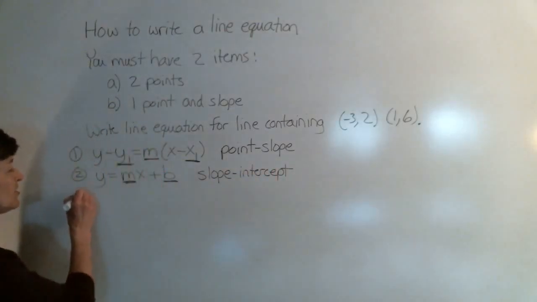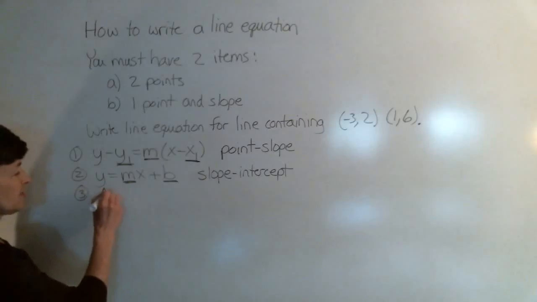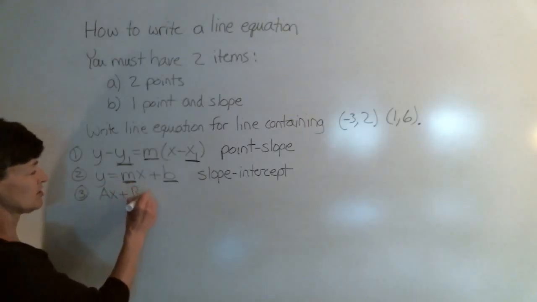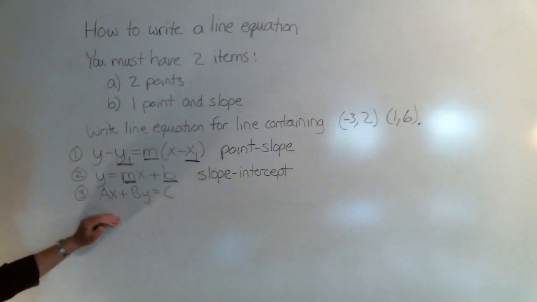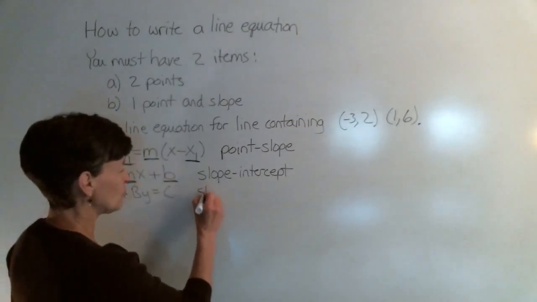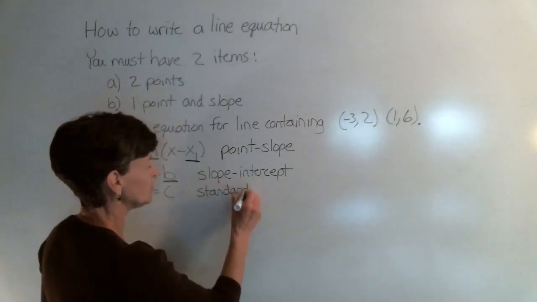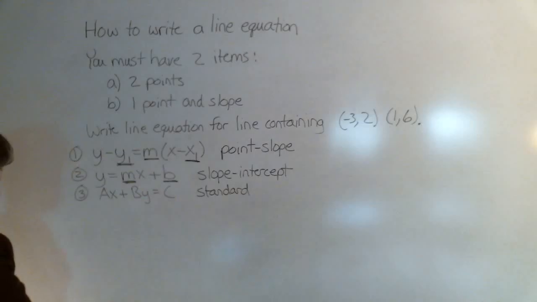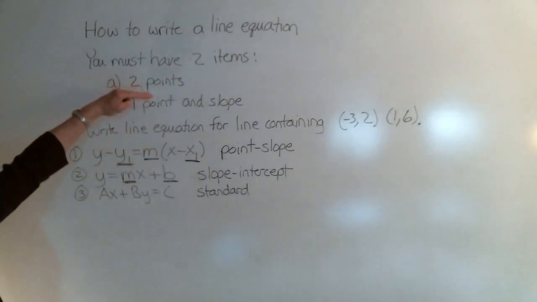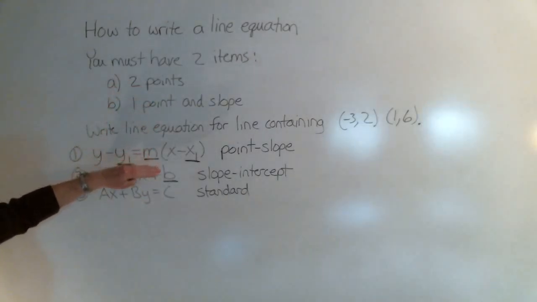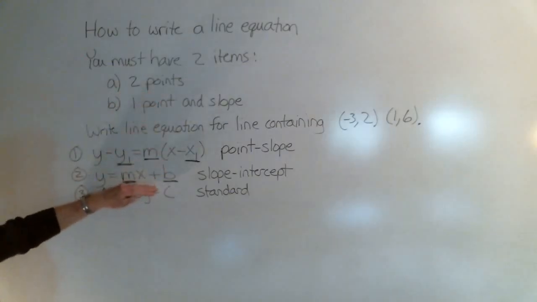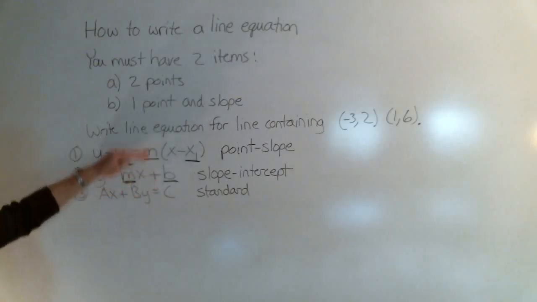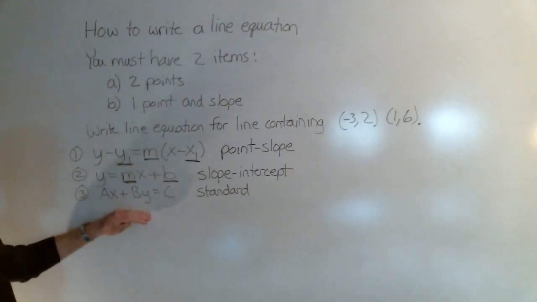All right, and then the last form looks like this: ax plus by equals c. It has no information particular to your line in it. It's the standard form or the general form of a line equation. When you're writing a line equation, you can take your 2 points and start with this form, or you can start with this form, but you can't start here.